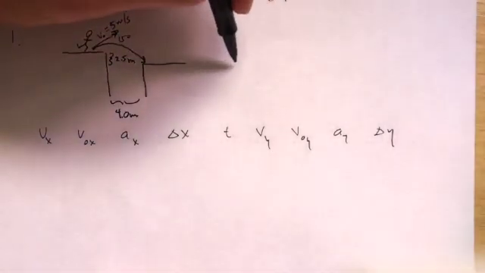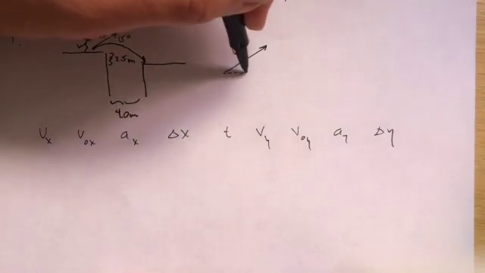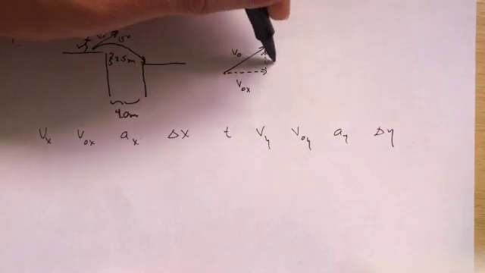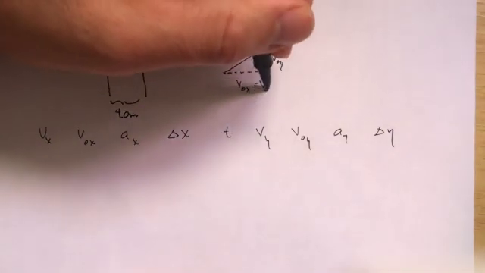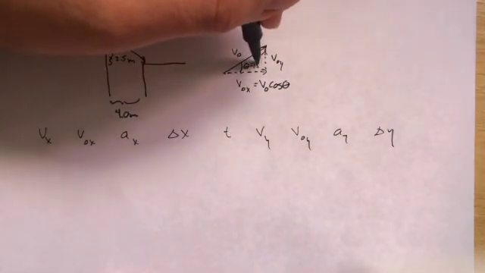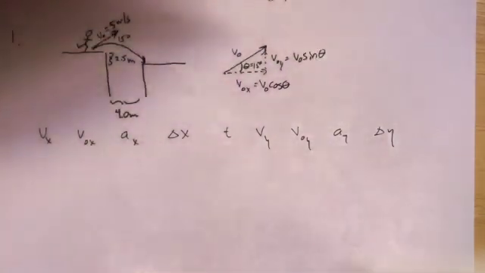If we pull out that velocity vector, V naught, we see that it is made of two components: V naught x, and a vertical component now, V naught y. V naught x is V naught times the cosine of theta, and in this case theta is 15 degrees, and V naught y is V naught times the sine of theta.